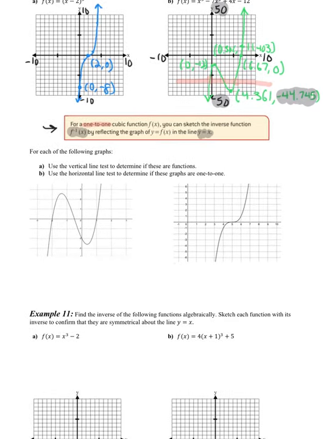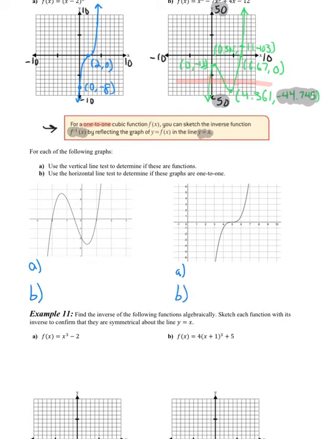Okay. So it says for each of the following graphs, use the vertical line test to determine if these are functions. Use the horizontal line test to determine if these graphs are one-to-one. All right, so why don't you guys try examples A and B, and then just write your notes right below them. So are they functions? Yes or no? Are they one-to-one? Yes or no?